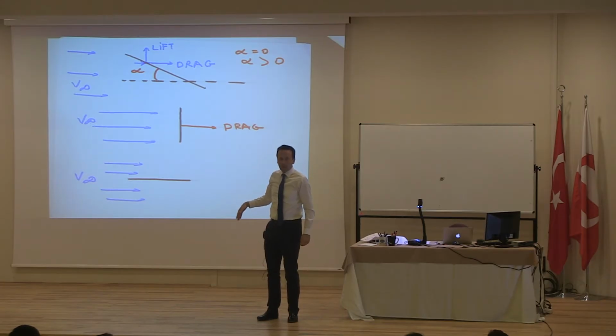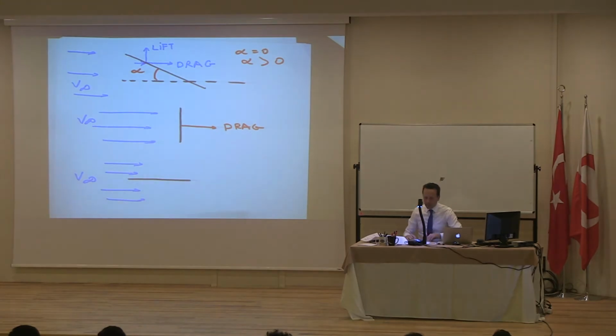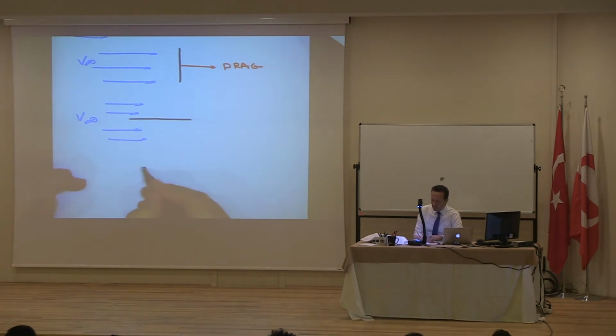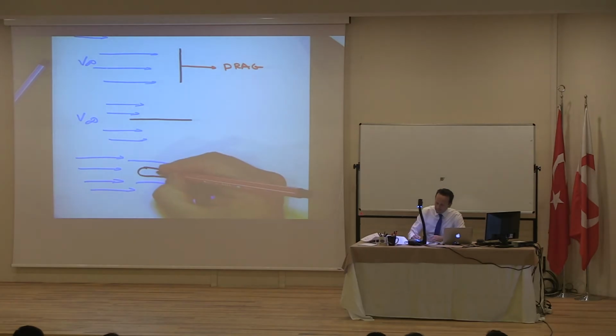So, make this a little bit nicer, and instead of this plate, you could use a nice aerodynamic shape, something like that. Now blow air, and the air will just nicely move like this. And then you will have a nice lift force, and hopefully not much drag.